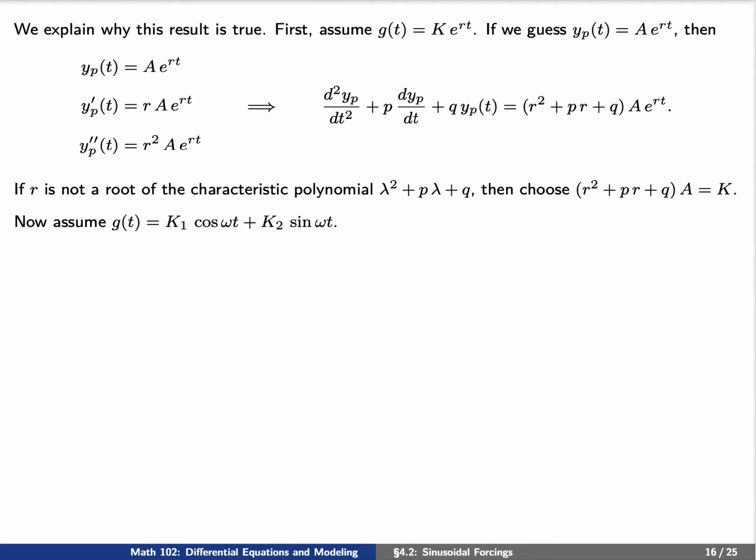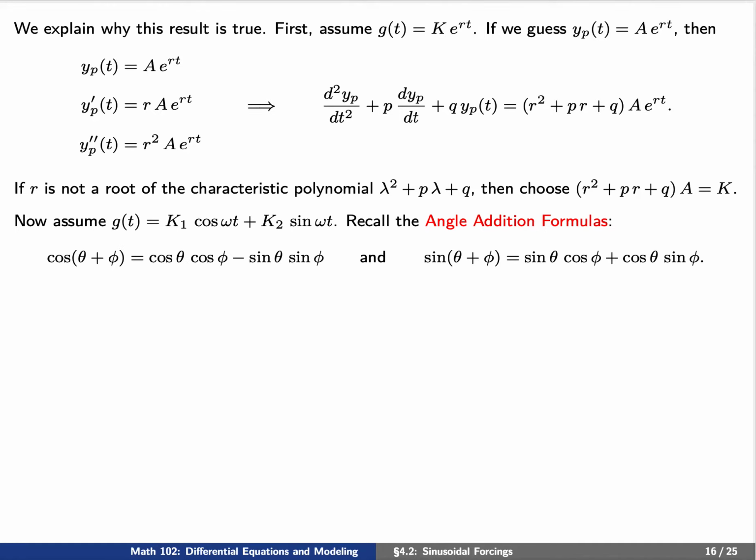Now let's assume that we have sinusoidal forcing. That is, g of t equals capital K1 cosine omega t plus capital K2 sine omega t. We're going to recall the angle addition formulas in order to write our g of t in a slightly different form. That is, cosine of a sum of two angles, theta plus phi, is cosine theta cosine phi minus sine theta sine phi.